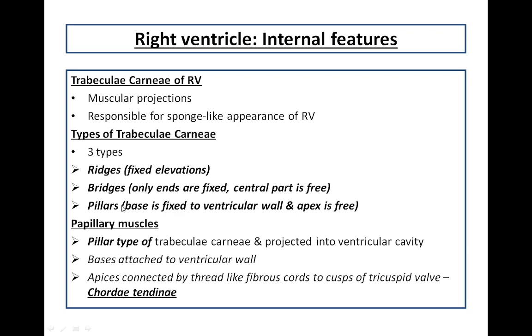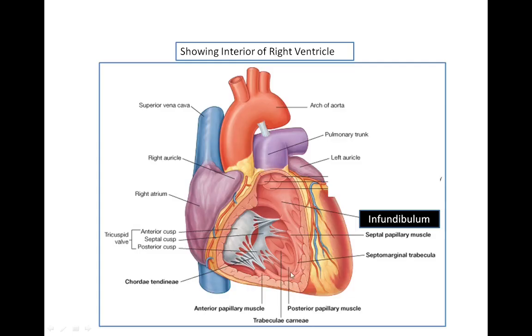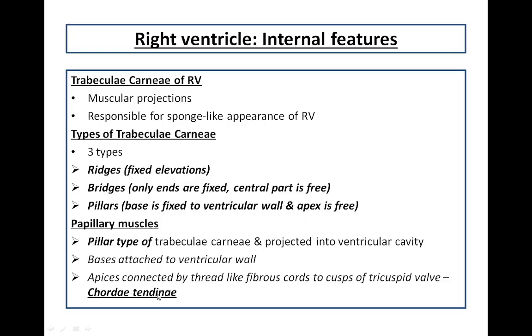This pillar type of trabeculae carneae we give a name, the papillary muscles. They project into the ventricular cavity. The base is attached to the ventricular wall and the apex points towards the cavity.